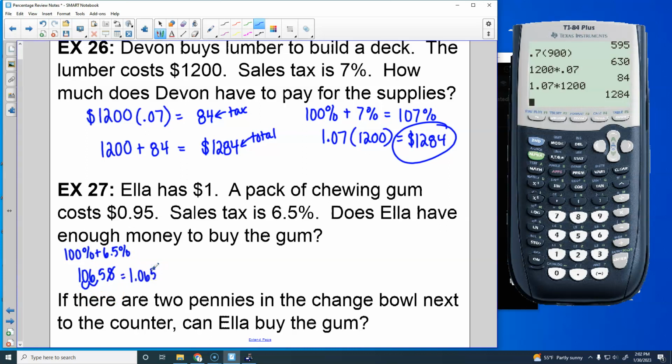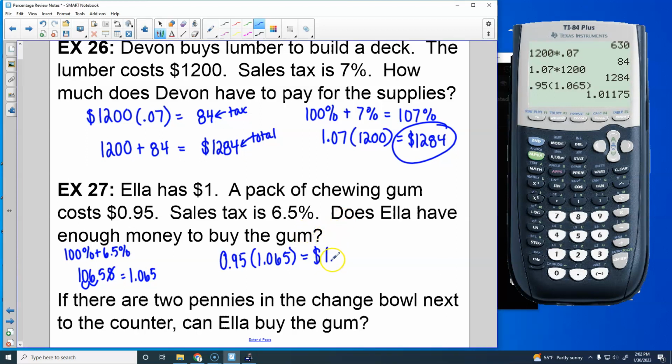That part I usually do in my head, but if you need to write it down, please do. So you're paying 106.5% of the cost. The cost is 95 cents. We're going to multiply it by 1.065, and it is going to give us the total, which is going to be 1.01175.